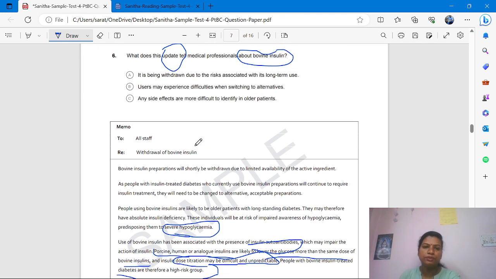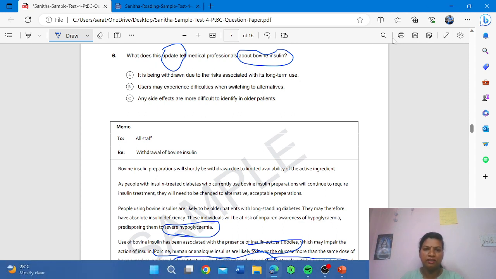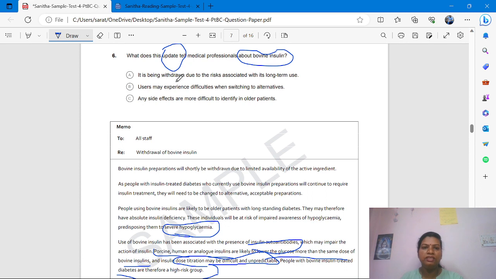Okay, then we come to the options. The first says it is being withdrawn due to the risk associated with long-term use. Is it saying that? No, it is limited availability.